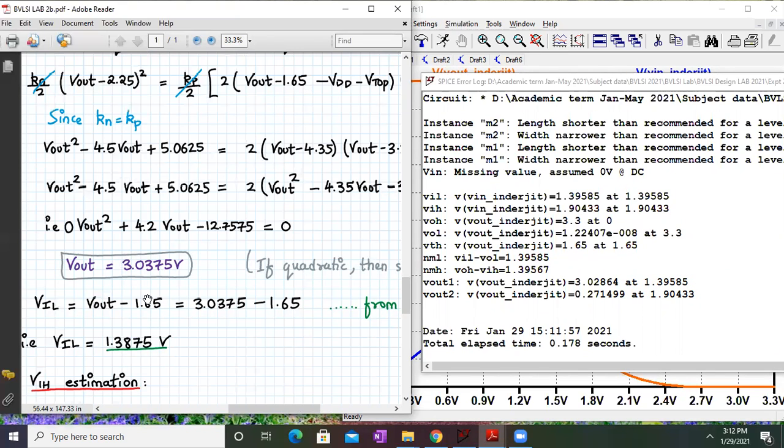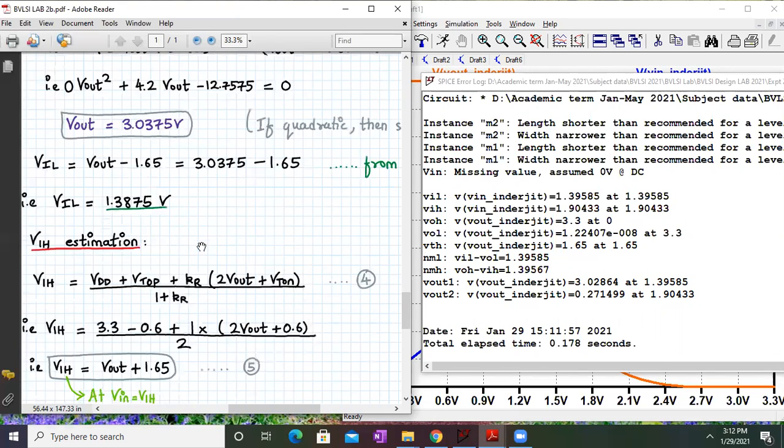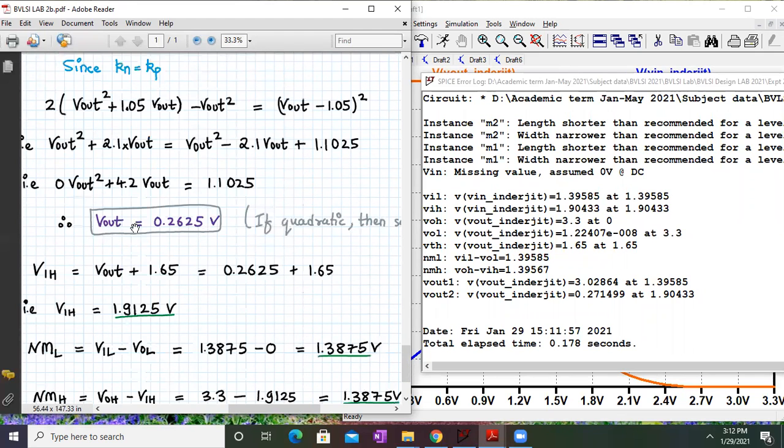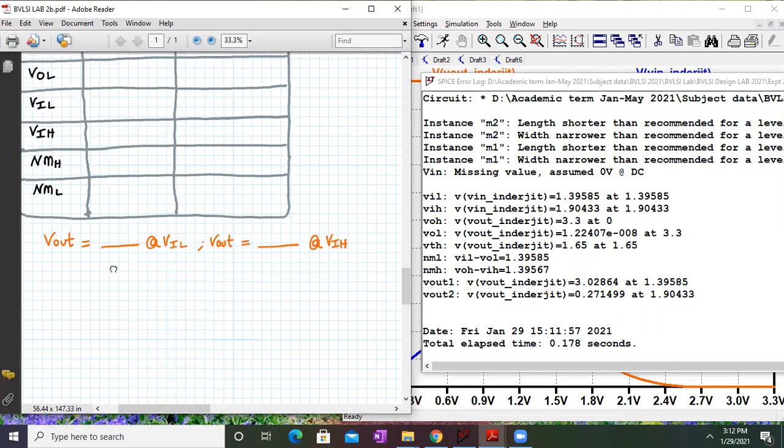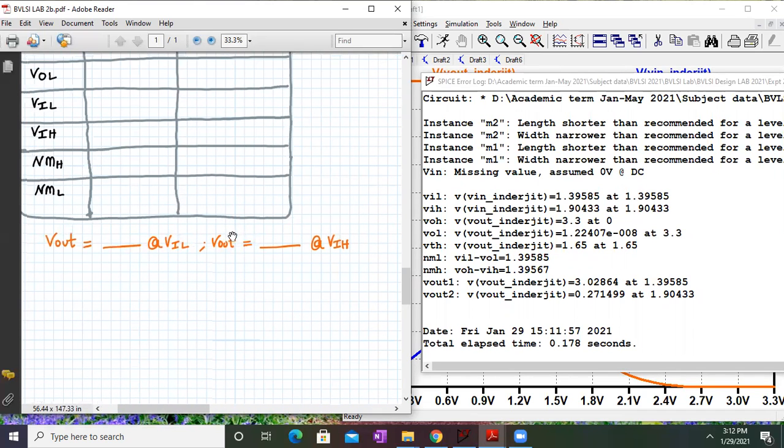So this is the value of V out at VIL. Similarly, V out was 0.26 in calculation, and here it is 0.27 at VIH equal to 1.97. This is what we additionally have to write in the table: V out at VIL and V out at VIH.